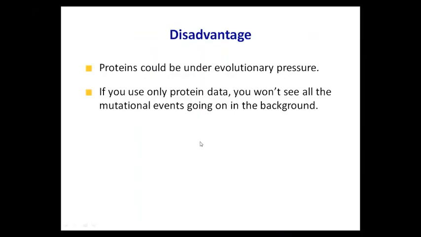Now, although protein has got several advantages over the DNA sequences, it has got also certain disadvantages. Proteins could be under evolutionary pressure. Proteins can be influenced by the environment and epigenetic factors.